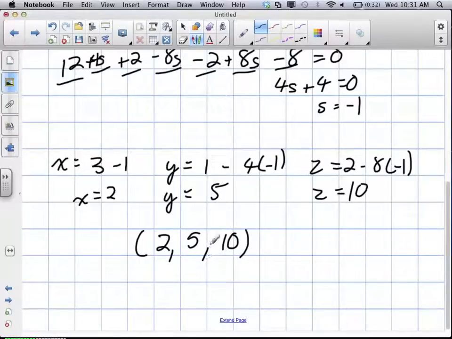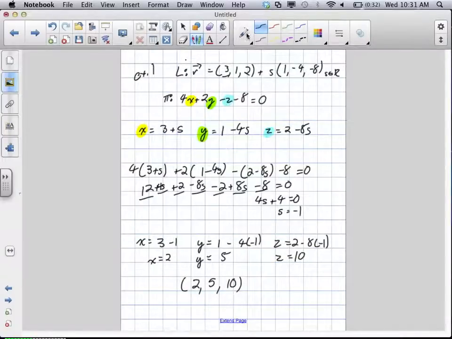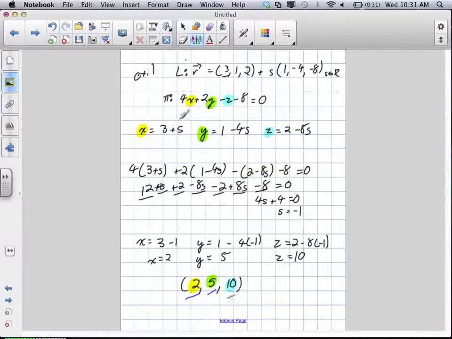Okay? So this is our point, and if we want to check just to make sure we've got the right answer, we can take these values. We'll highlight them again so you can see how they correspond. We can take these values and plug them in to our Cartesian form of the plane to see if it holds true. Okay? So 2, 5, and 10 will plug into x, y, and z. And if this side ends up equaling 0, then we know we've carried this out properly. So we're going to check it just to make sure.